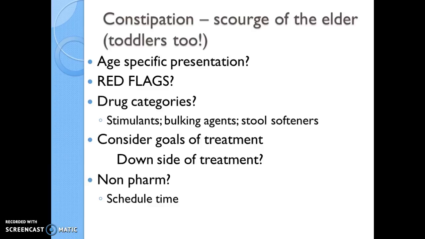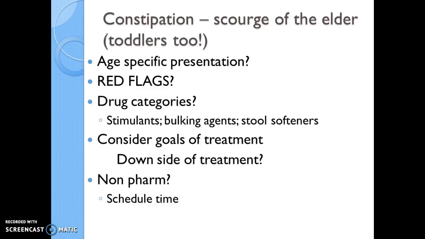They may also have some behavioral issues in terms of stool retention, not wanting to go poop on the potty. So we see two pictures at the two ends of the age spectrum. Of course, there are red flags. Sudden onset of constipation at any age may mean that there's some kind of obstruction.